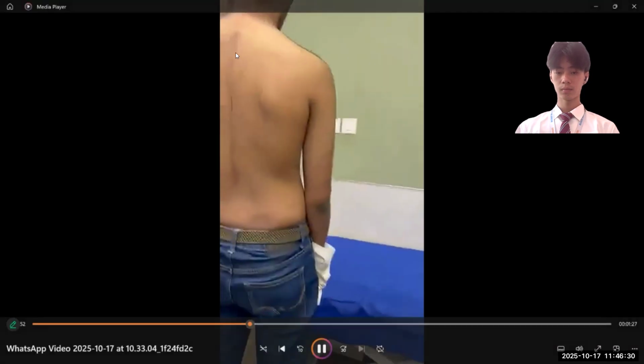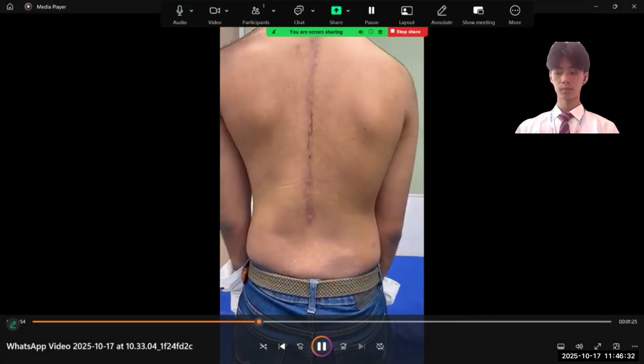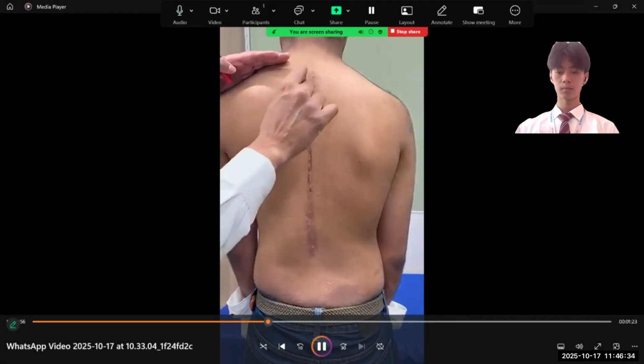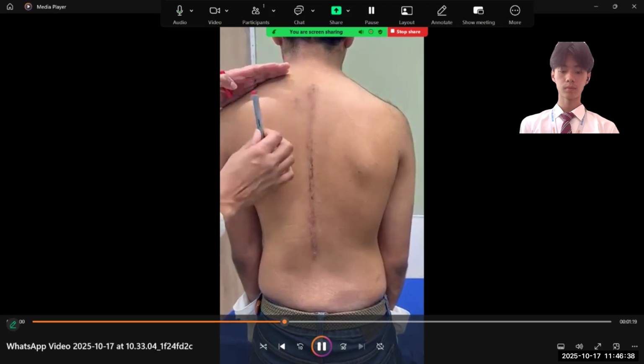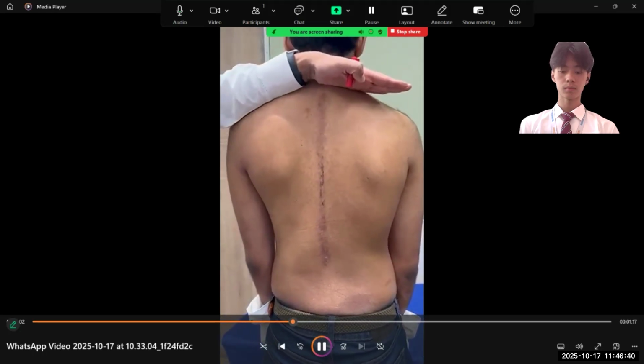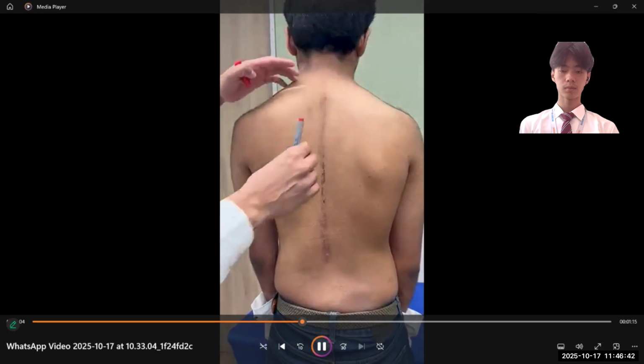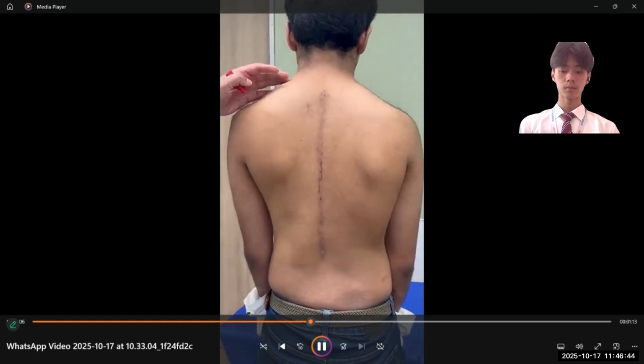Initially there was a big deformity seen on the back, but now after the deformity correction both his shoulders are very well balanced, and you can see the scar is almost nicely healed.